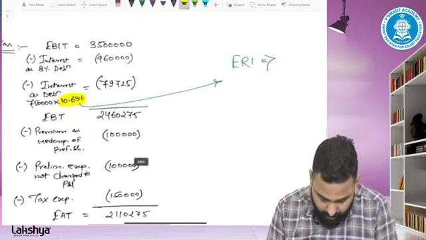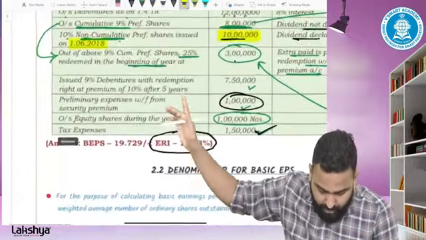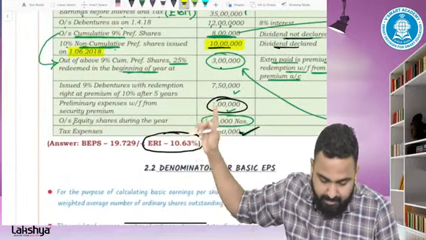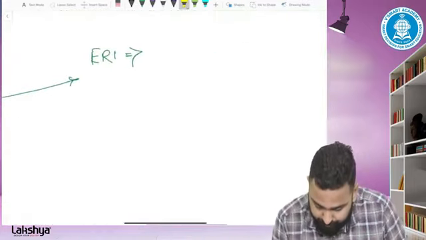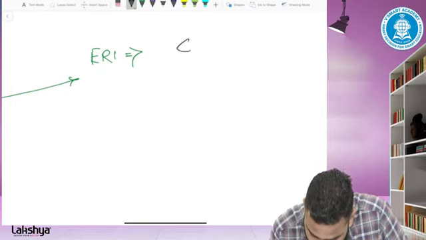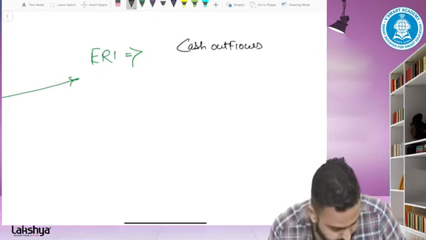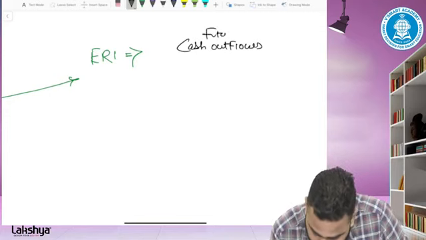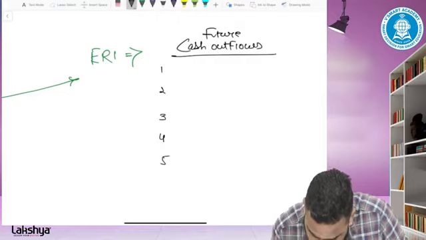Okay, now what is the working of this 10.63? Simple. Issued 9% debentures with redemption right at premium of 10% after 5 years, 750. So future cash outflows: first year, second year, third year, fourth year, fifth year.